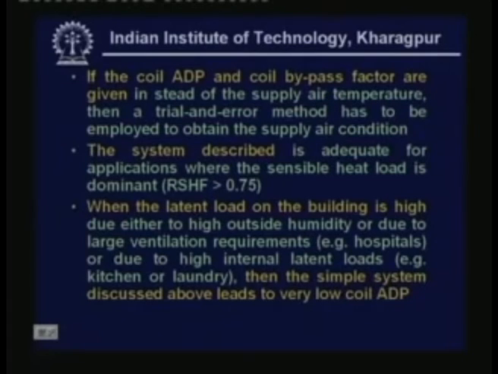So, whatever system we have been discussing so far is fine as long as your sensible load is more than 3 times the latent load on the building, that means your room sensible heat factor is greater than about 0.75, which is normally the case. But there are some special cases where the latent load on the building could be quite high.